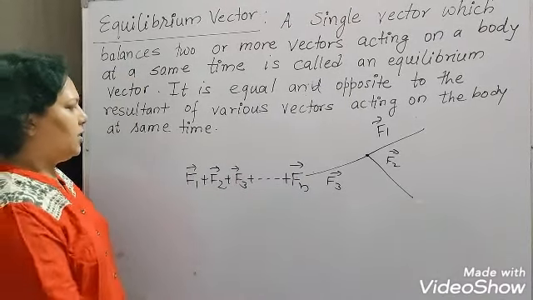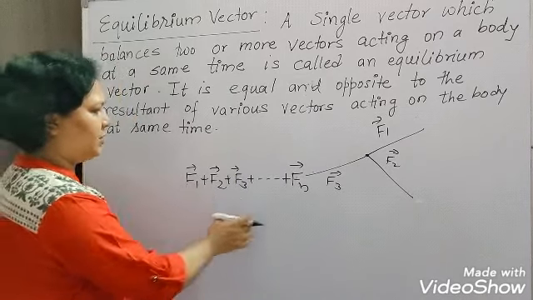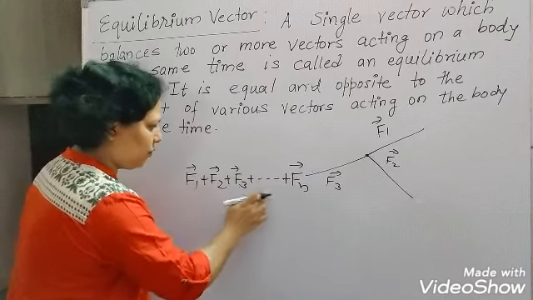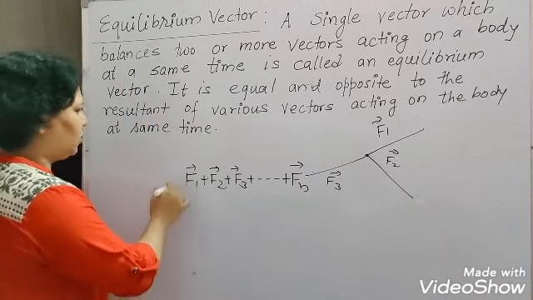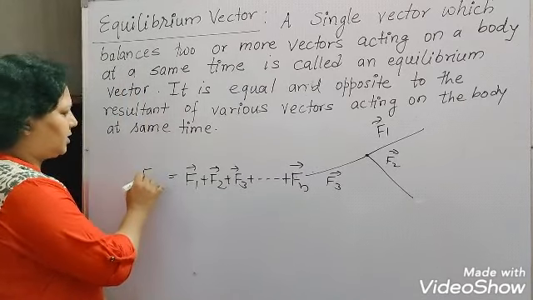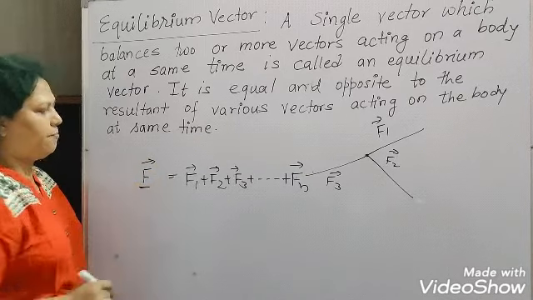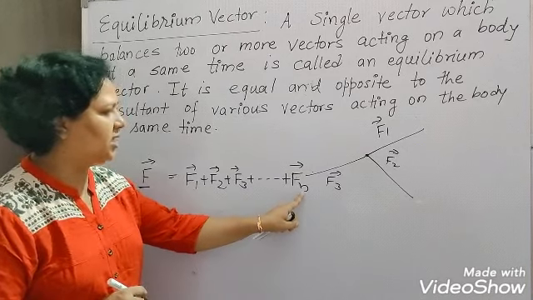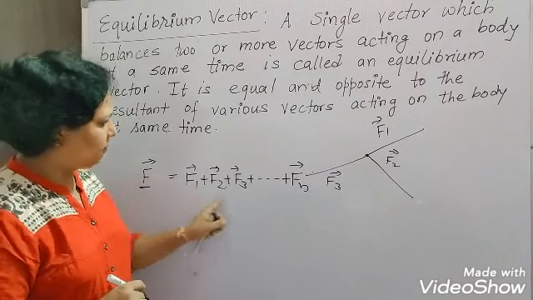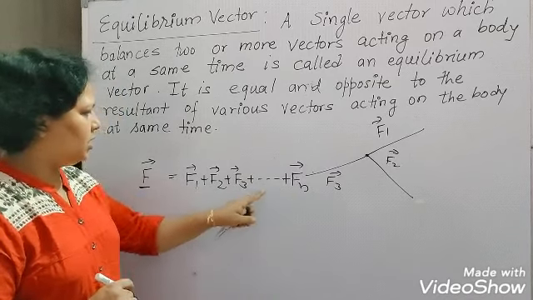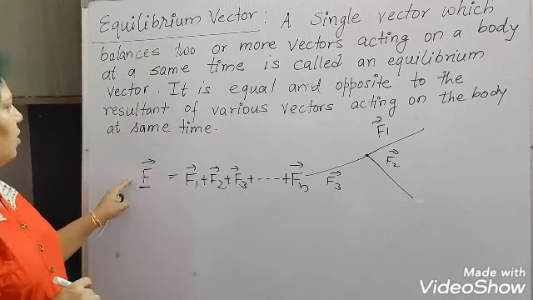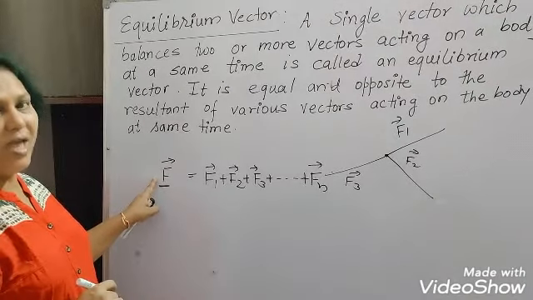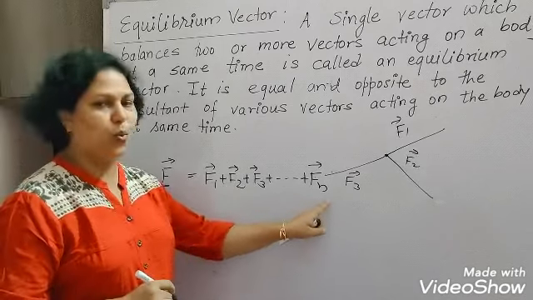The vector quantity which is balancing all these vectors, or the resultant of these vectors, suppose I am taking here F. This F is balancing all these forces. So this force, or this vector quantity, is called the equilibrium vector of these vectors.